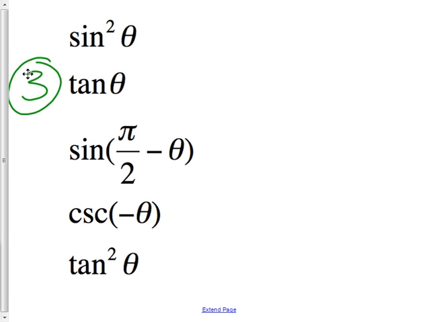And then while you do that, I'm going to pass out the homework. Tangent of theta, see if you can find 3 of them. No, just 1 for each and then 3 for tangent.